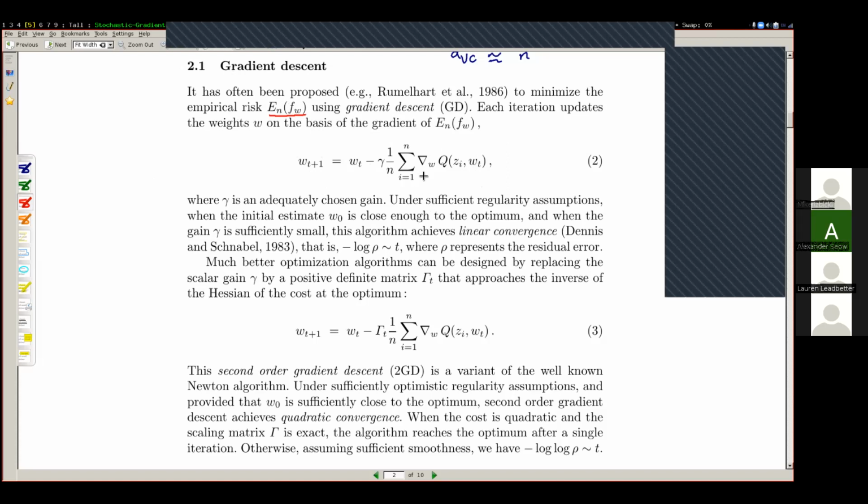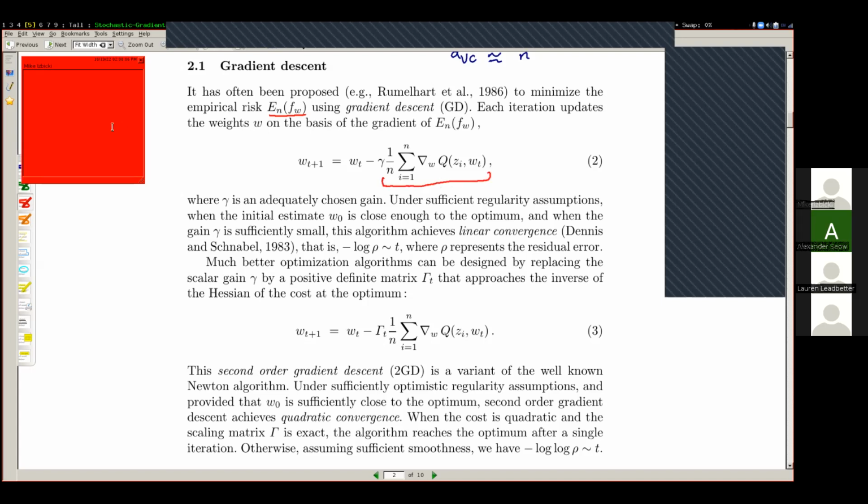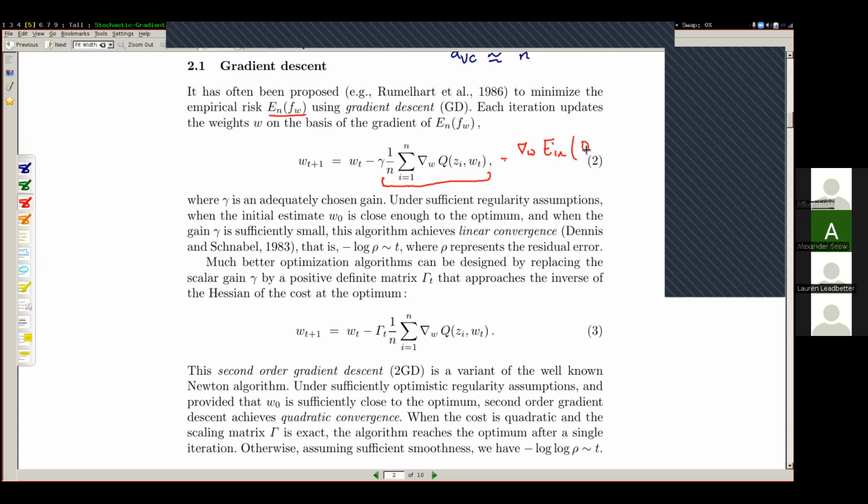The way to understand this term, this whole thing right over here, is that it is equal to the gradient of our empirical risk of that particular loss function. So it's called gradient descent because we are taking the gradient at each iteration right here.